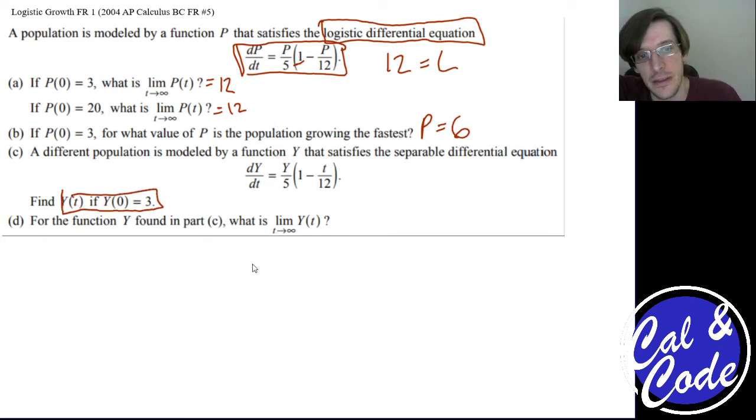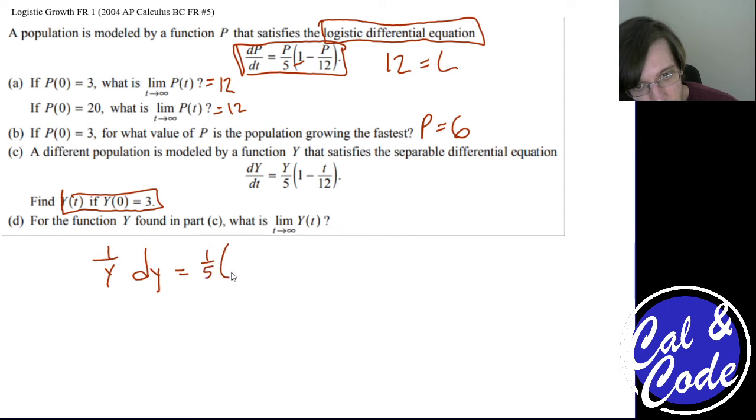To do this, we need to remember our steps for a separable differential equation: separate, integrate, don't forget your c. So we separate our variables. When I do that, I end up with 1 over y dy equals 1/5 times (1 minus t over 12) dt. I'm going to integrate both sides.